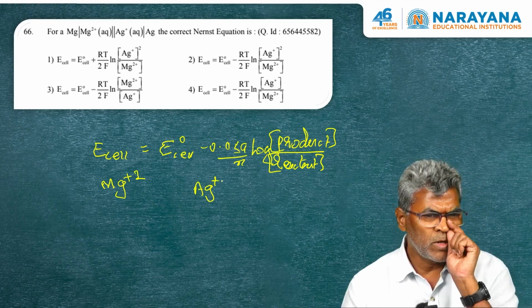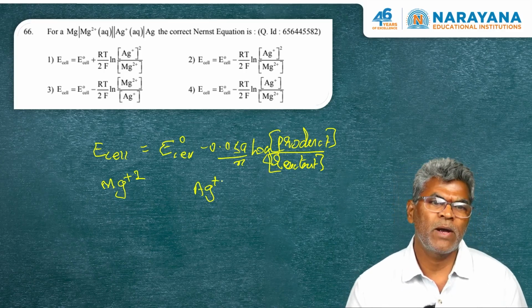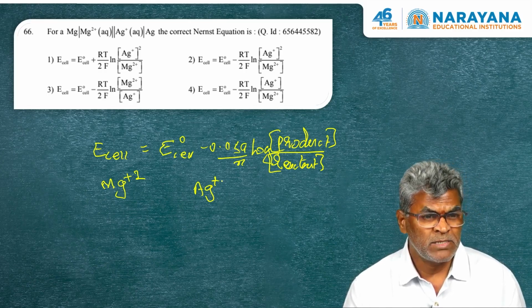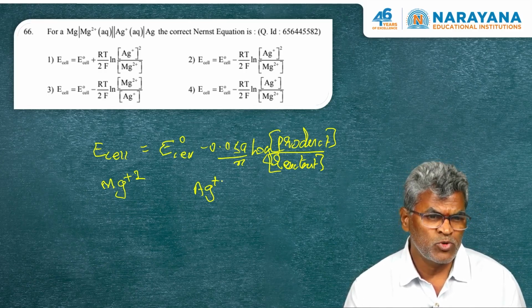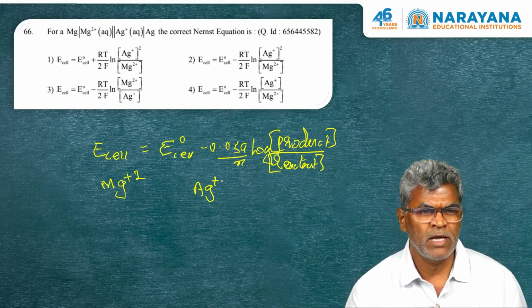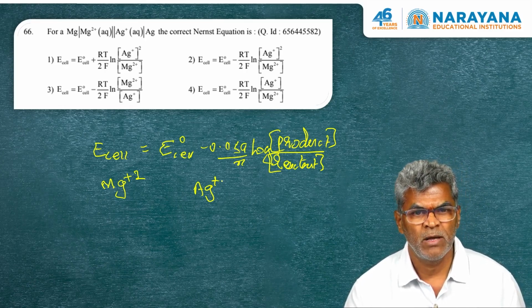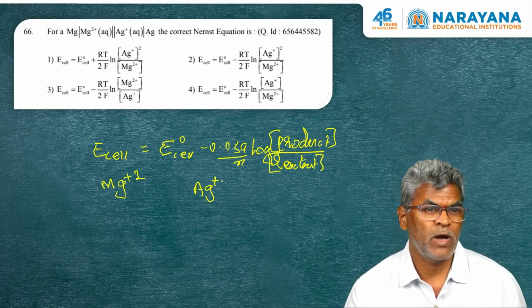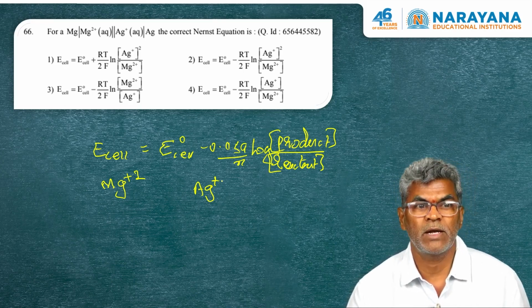According to the given options, Mg plus 2 should be at the numerator and Ag plus square should be the denominator. If you look at the options, that is not there, that is why you need to write with a plus symbol. So, the first option will be the correct answer.